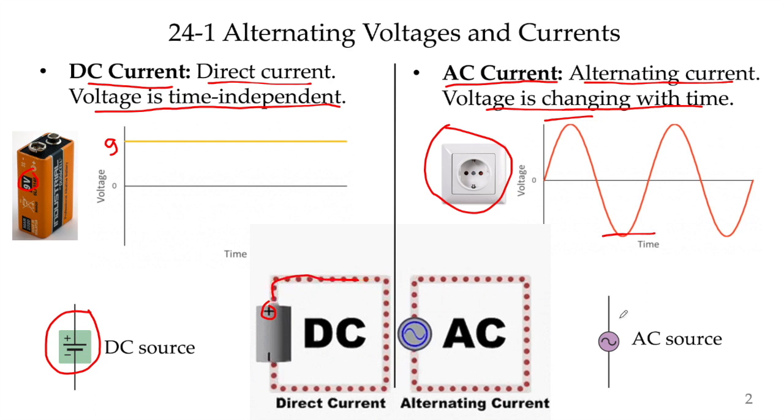Now we're going to see in the next slides that the AC source is shown with this figure. You can see that this is a wave sign. If you look at this diagram, this animation, this is an AC source, for example coming from this wall socket.